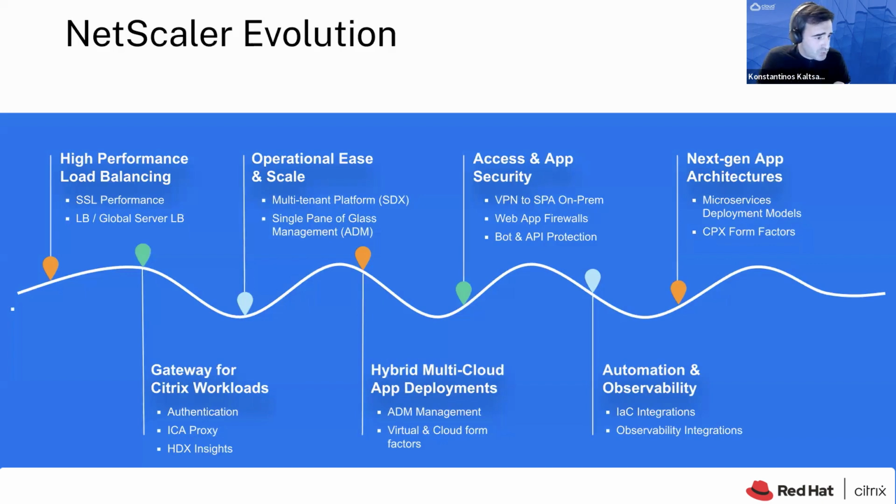So we are talking about also load balancing between data centers, between on-prem and hybrid multi-cloud environments. Then we focused also on providing gateway capabilities for Citrix workloads, anything related to authentication, ICA proxy, HDX Insights, and things like that.